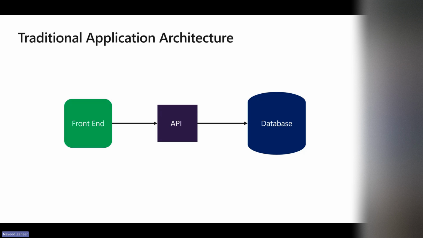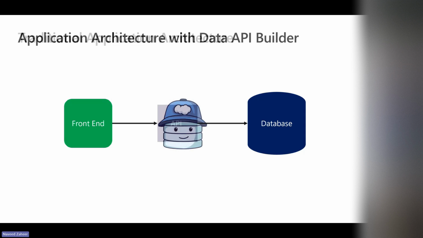Normally the API code is something you have to write, in the sense that it is just providing access to your data. It also has a security layer on top of it. That's the area that Data API Builder is trying to address. What it does is provide you a way, through configuration, to access your database from a front end.